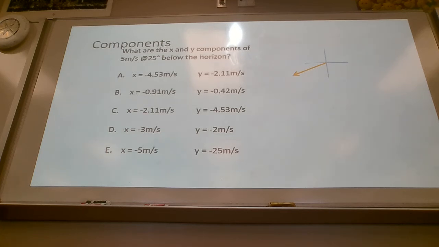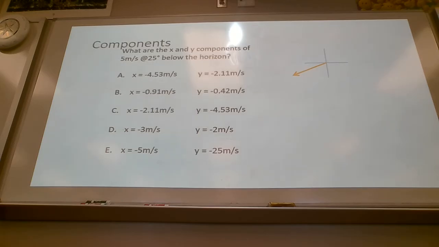Do you always go off the x-axis? Yeah, I know, but I'm saying, what is the angle? And it's going to the x. Straight.